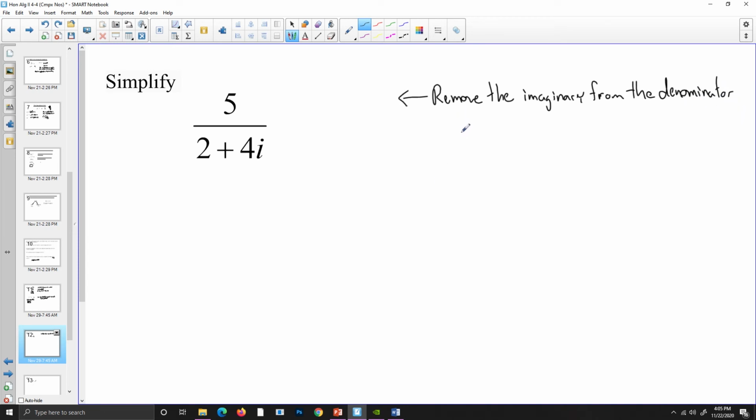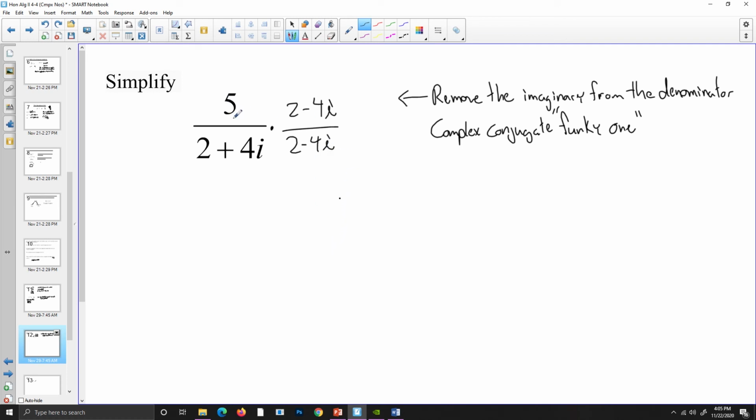The way we're going to do that is with a complex conjugate funky 1. Alright, so I've got 2 minus 4i over 2 minus 4i.